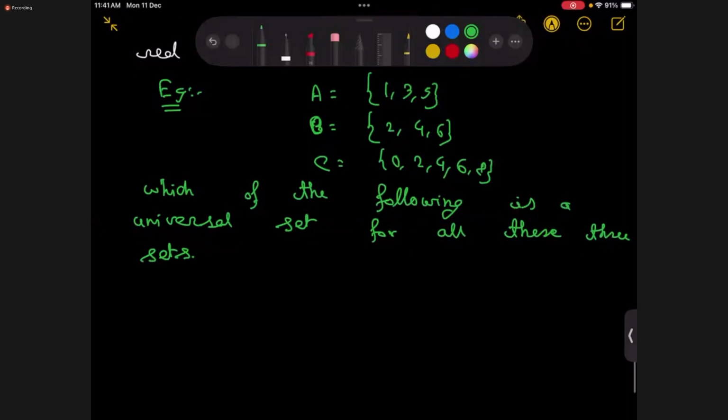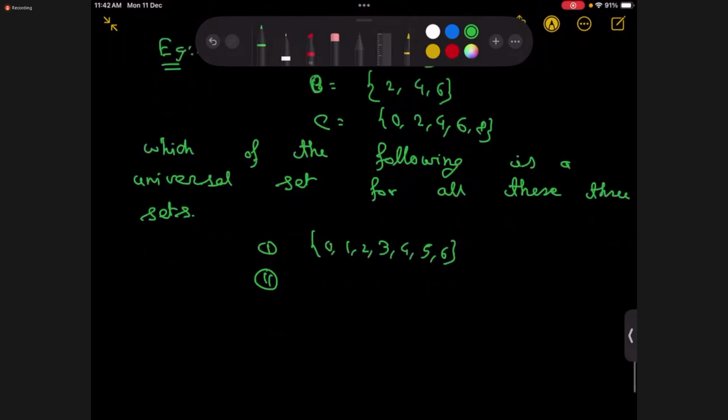The first one is 0, 1, 2, 3, 4, 5, 6. The second one is 5.